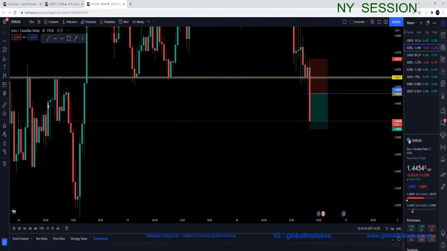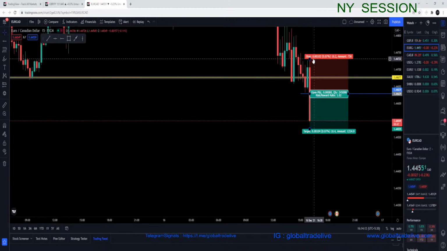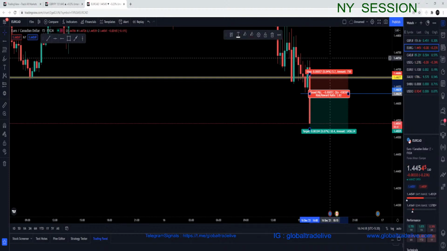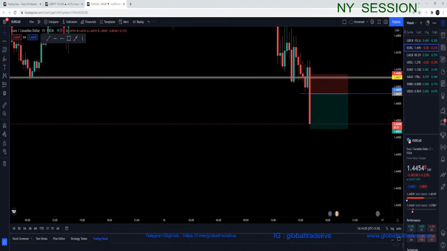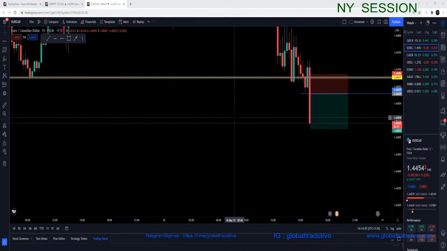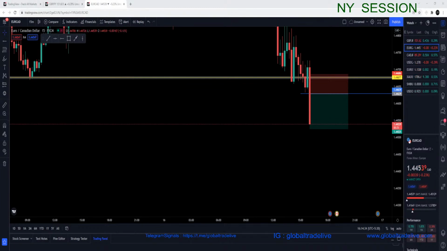So let's just readjust the stops. I'm going to shift the stops over here at 1.44686. So I have reduced my risk and my trade is running in 9.5 pips over here.